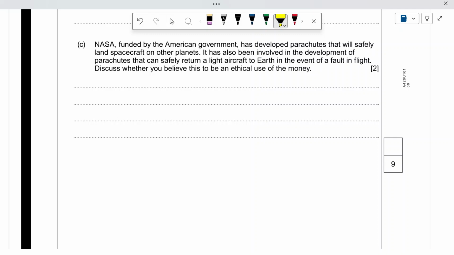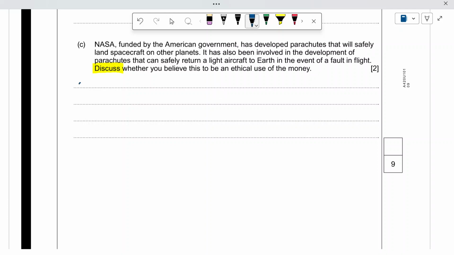So, these types of ethical discussion questions, there's 2 marks here. So I would suggest, in general, when I see discuss, I'm aiming to make a point for and a point against. This is about the use of money, and we're being asked about whether it's an ethical use of money.